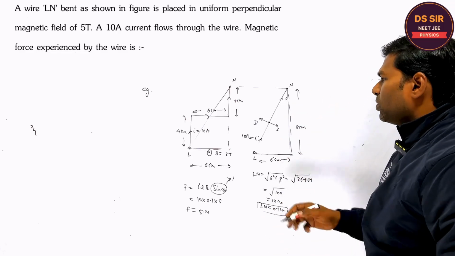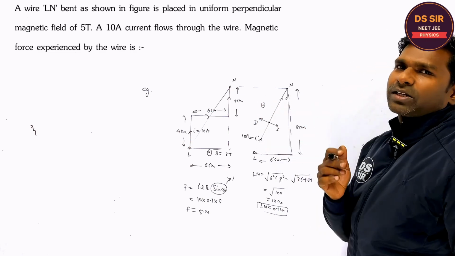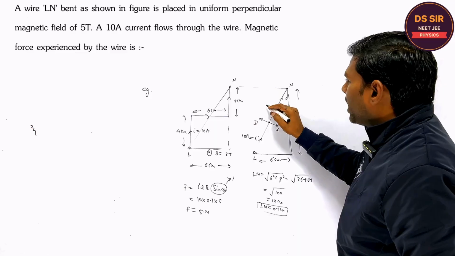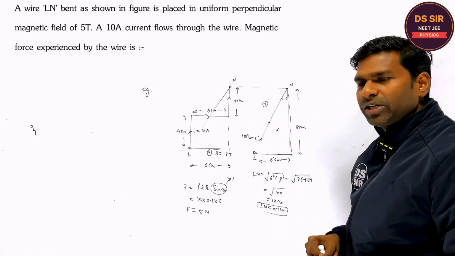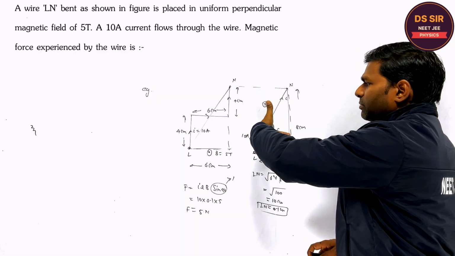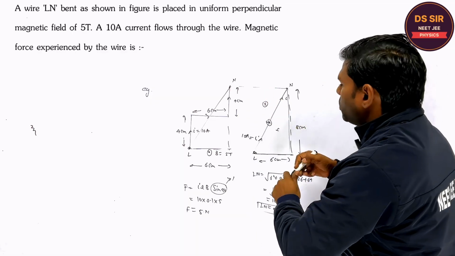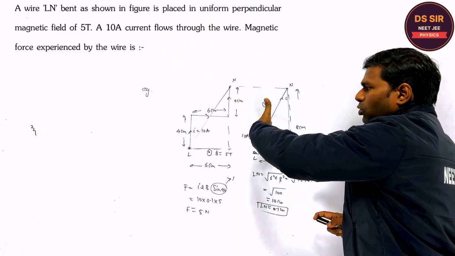Sometimes it becomes very tough to do with your left hand. So what will you do? If the magnetic field is in the upward direction, for the meantime you can assume the magnetic field is in the downward direction, into the board. Suppose take your left hand into the board.